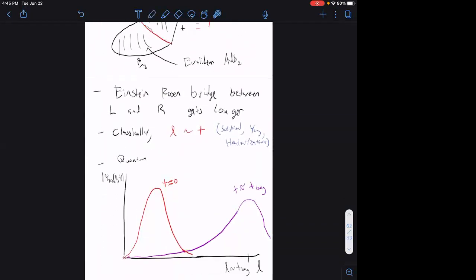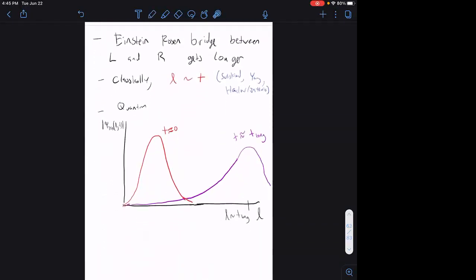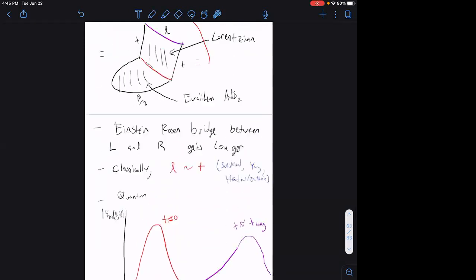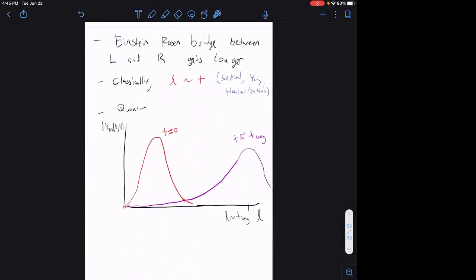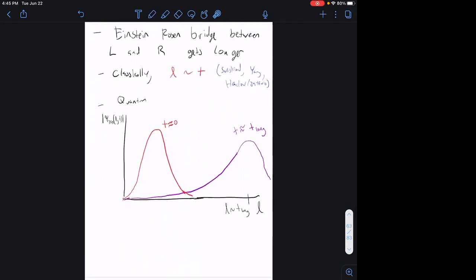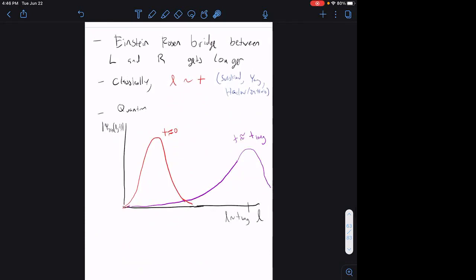So the behavior of this wave function is going to be important. So this two-sided black hole, we called the connected part of the spatial slice of this two-sided black hole an Einstein-Rosen bridge. It goes from one asymptotic boundary to the other, and it goes through the horizon of the left black hole all the way to the other.